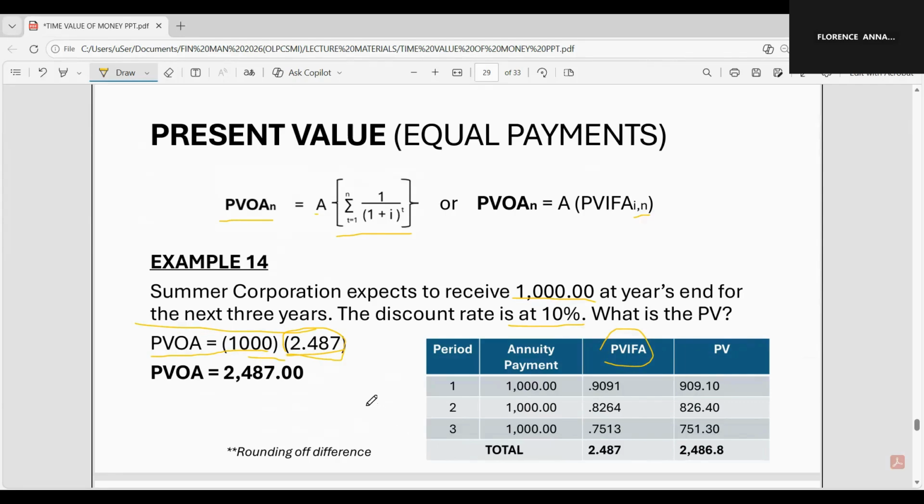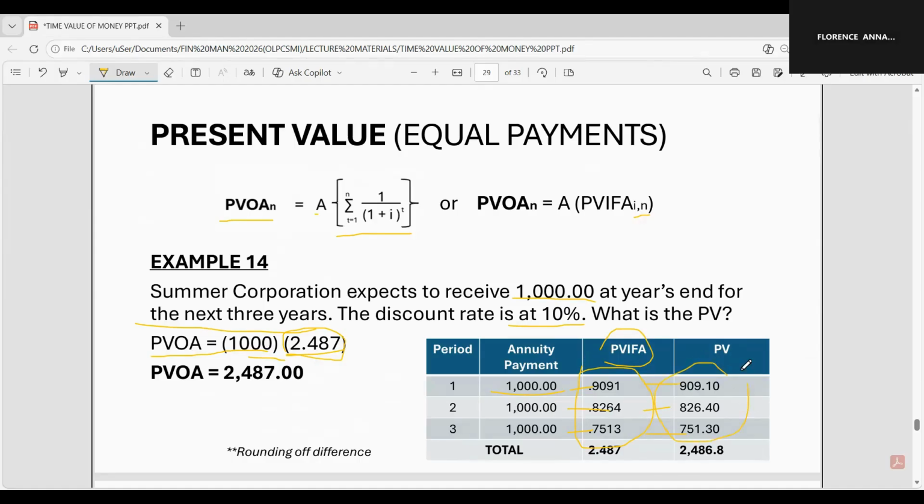That is 1 divided by 1.1, you'll get 0.9091. 0.9091 divided by 1.1, you'll get 0.8264. And 0.8264 divided by 1.1, you'll get 0.7513. When you multiply this present value interest factor with your annuity payment, you'll get 909.10, 826.40, and 751.30.